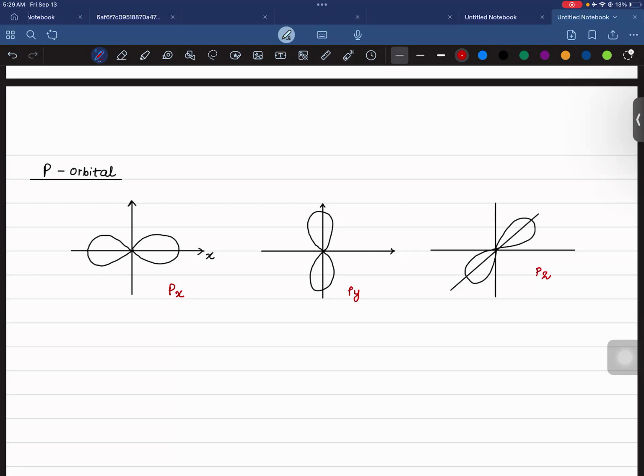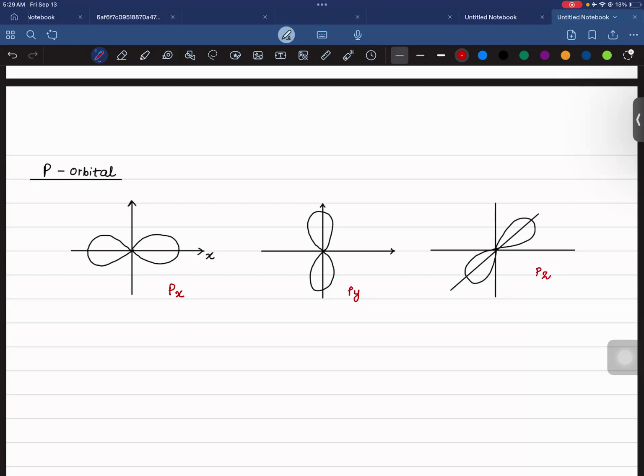So we can draw p orbital on different axes as it has a particular direction. If you make this orbital on x-axis, that would be called px, then py, then pz. What does it mean? It means that you are going to discuss the different paths of rotation of electron.